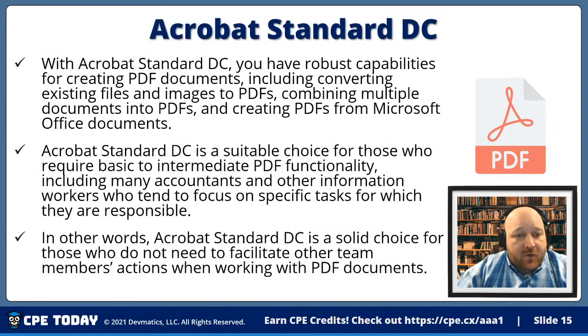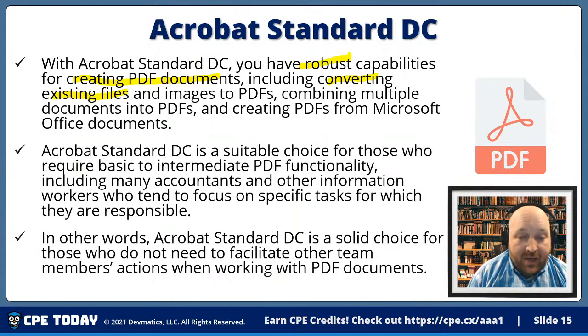Now, the Standard version does have pretty robust capabilities. It is useful, for example, for creating PDF documents. You can convert existing files into PDFs using this particular tool. That's one of my favorite things about Adobe Acrobat. You can drop virtually any file type into it, and it can open it up and convert it into a PDF for you.